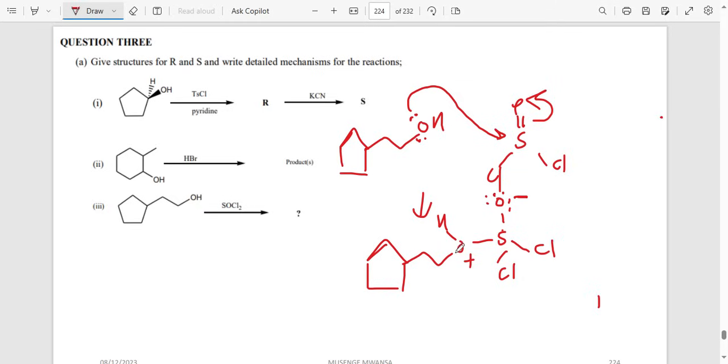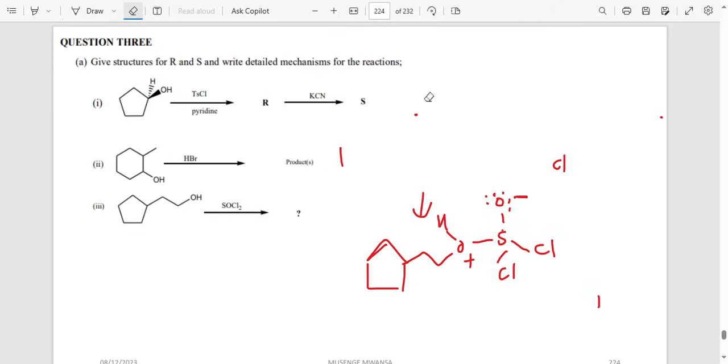Just like we did for the previous one, what is going to come in is that, let me just remove this one on top here. Okay. The next thing that is going to happen is that our double bond is going to come back.